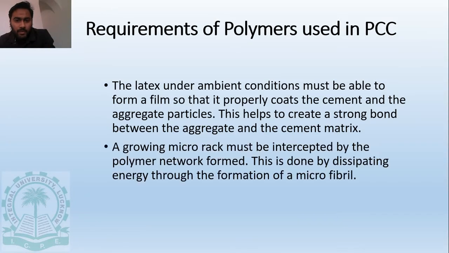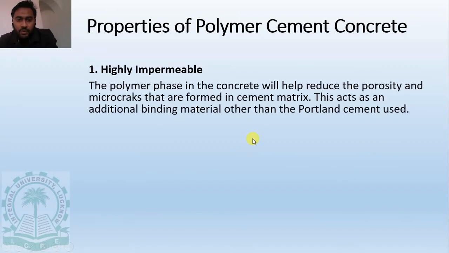These are some of the requirements of the polymers used in concrete. You should know them. For example, in order to have a strong bond, there should be a film. The latex under ambient condition must be able to form a film which coats the cement and aggregate particles. So you should have all these conditions. As for properties, polymer cement concrete is highly impermeable.